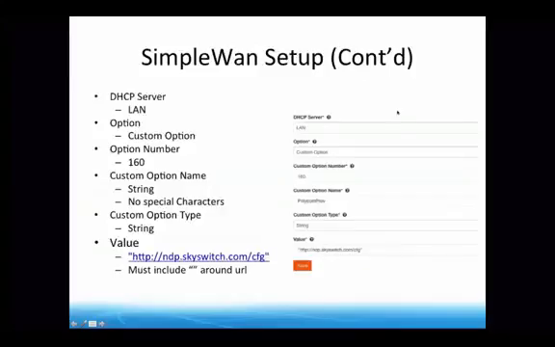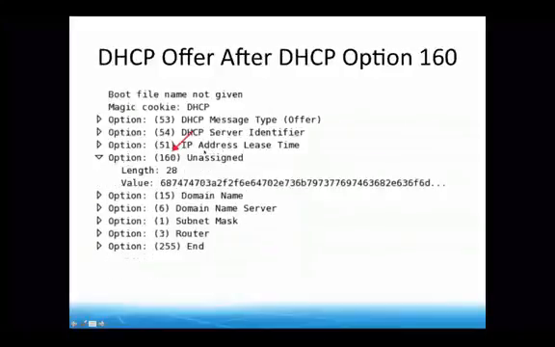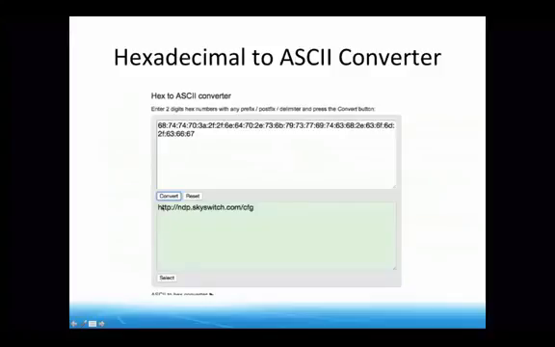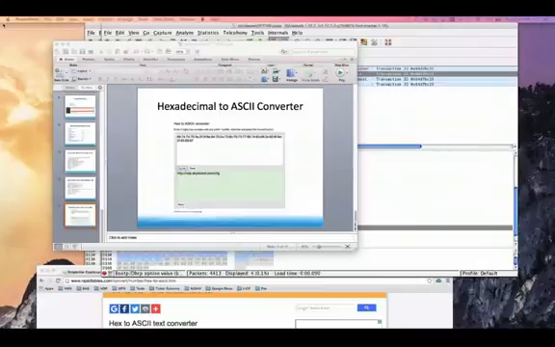We've got http://ndp.skyswitch.com. All right, and then we'll go back here. This is just explaining what the values are and what to put in there. And this is just going over the PCAP values and the hexadecimal to ASCII.